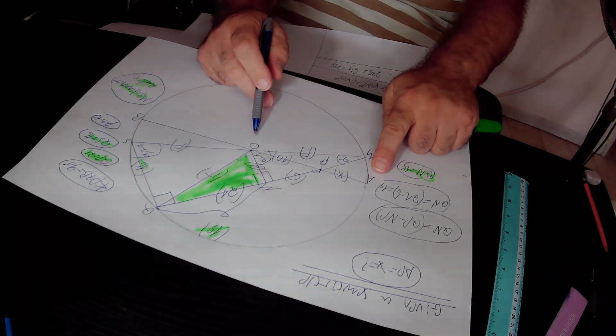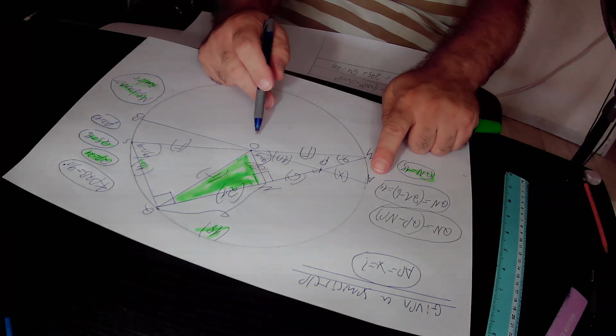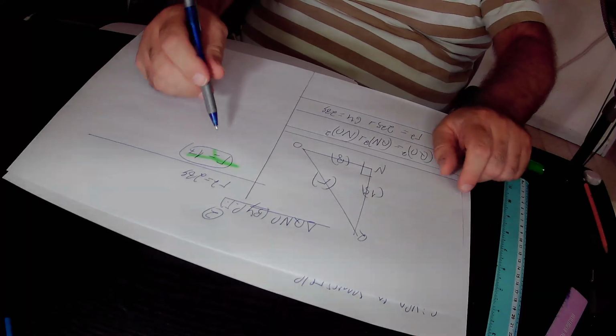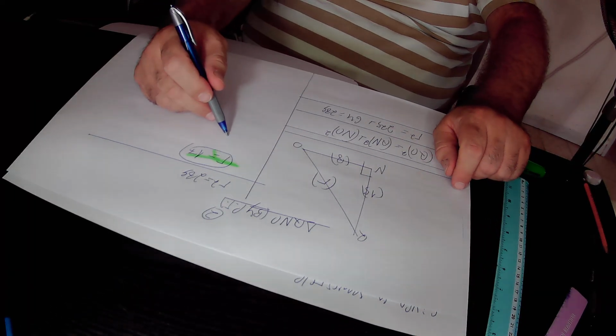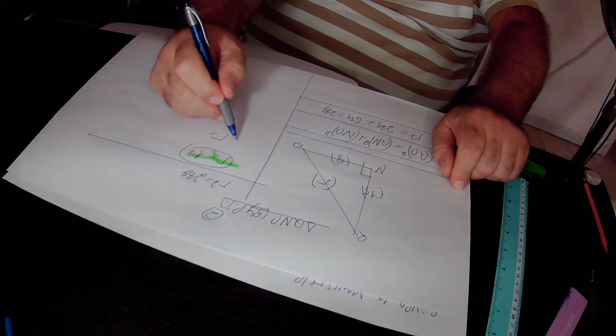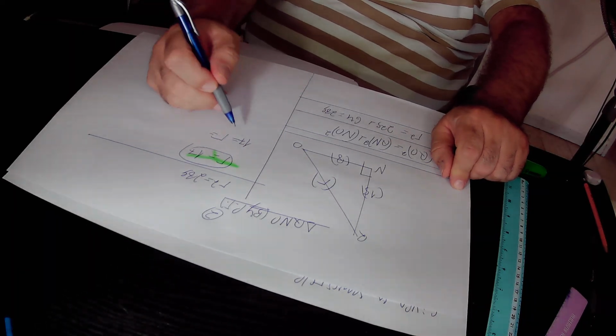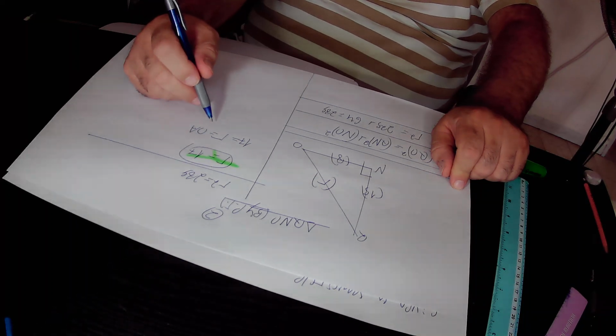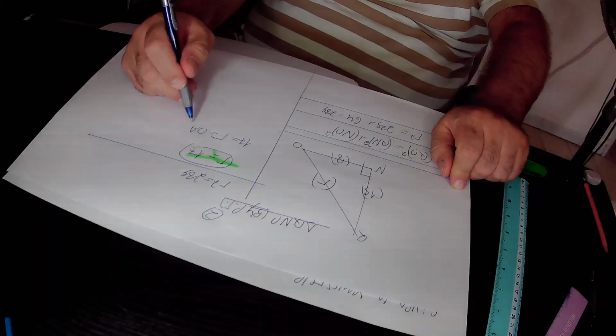OA is also the radius of this circle, that is equal to R. So the radius of this circle R is equal to 17. OA is also the radius of the circle that equals R, and R equals 17.